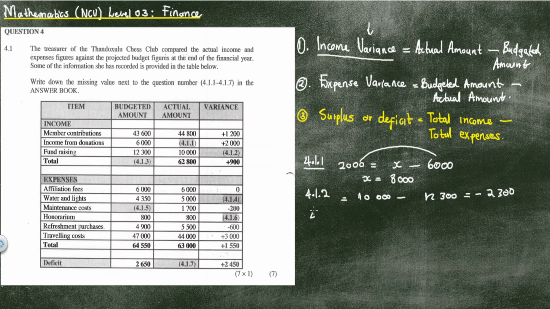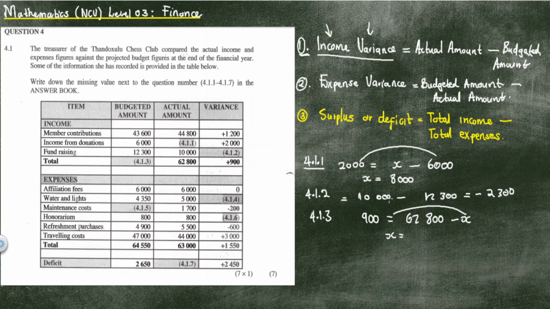So 4.1.3. Again, I'm going to set up that equation. We have a variance of 900. Remember, we are using this formula, the first one, because we are still having our discussion under the income part of the statement. So 900 is equal to actual amount, which is 62,800, minus the budgeted amount, which is what we want. I don't know what it is, so I'm going to place an X. I'm going to transpose the X over to the left hand side.